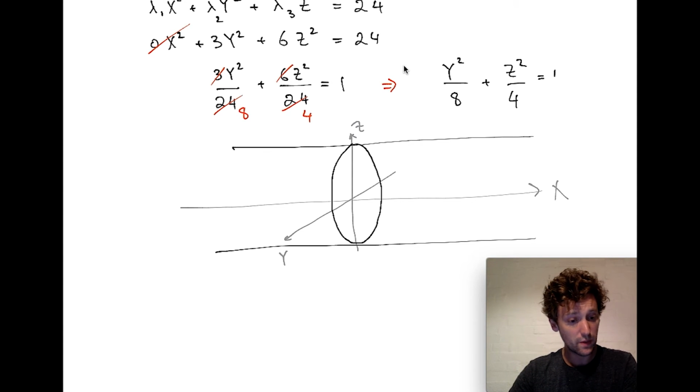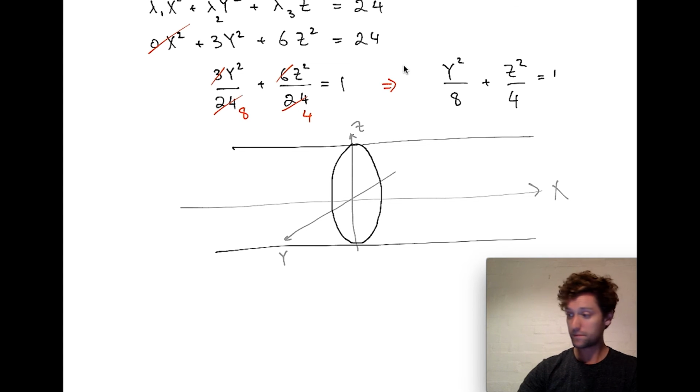Okay, the last part of this question asks us to prove something about symmetric matrices.